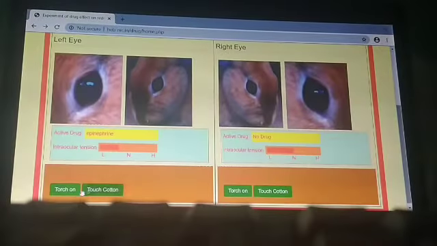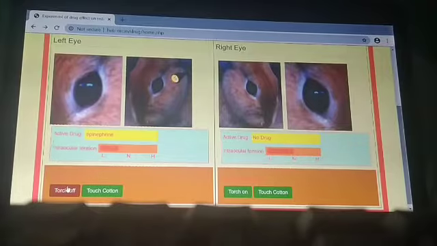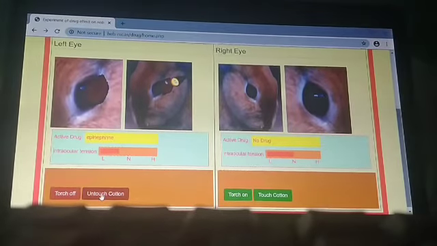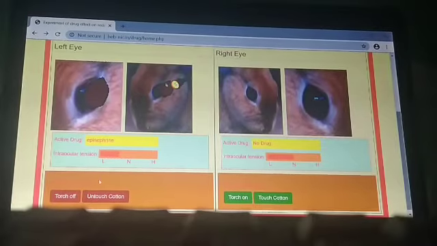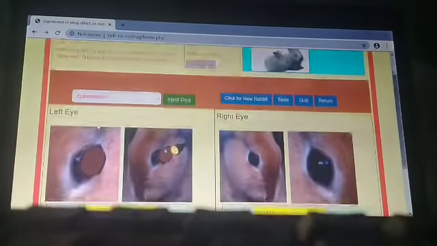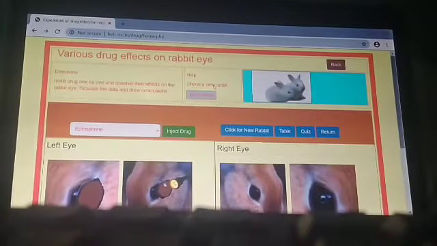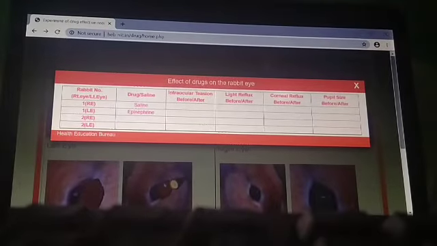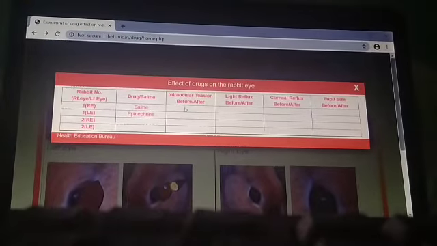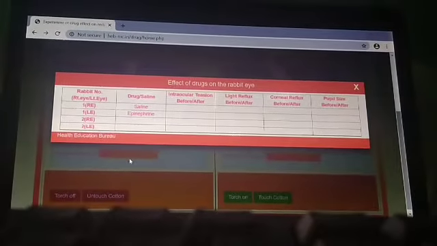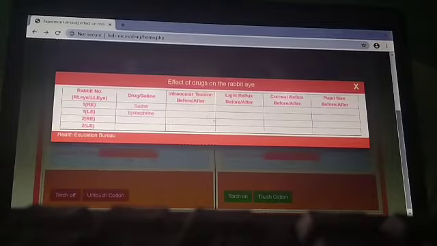Next we will put the torch on it, then we will see the corneal reflex. If you touch the cotton, then again there will be positivity. This thing we will write in a table, it is given there. So first drug, for example epinephrine. Intraocular tension before was normal, now it is less.